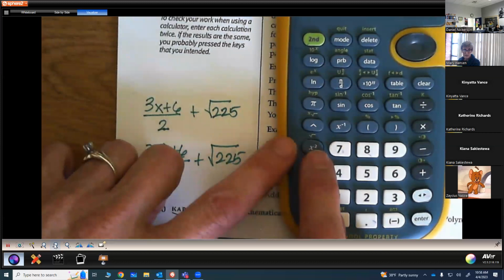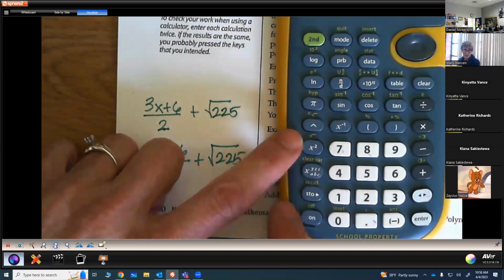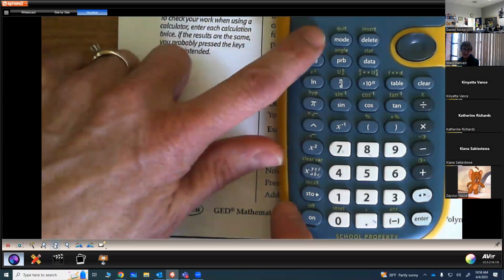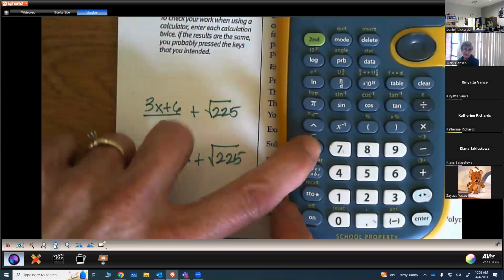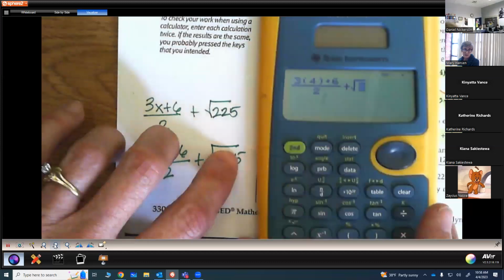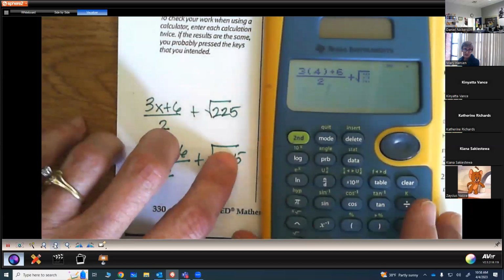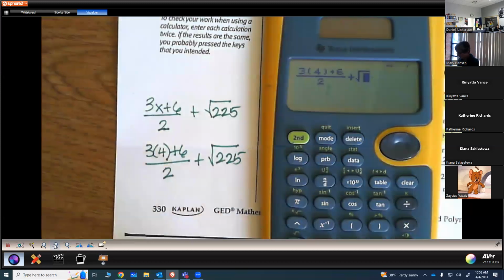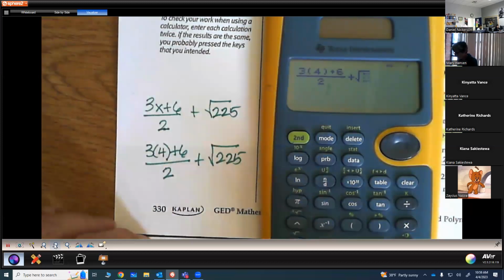And if you look right above that key in green, there's a tiny little square root symbol. If it's in green, it means we push the green key and then this key, and it will create that square root template on the screen for us. And then we type in our 225.